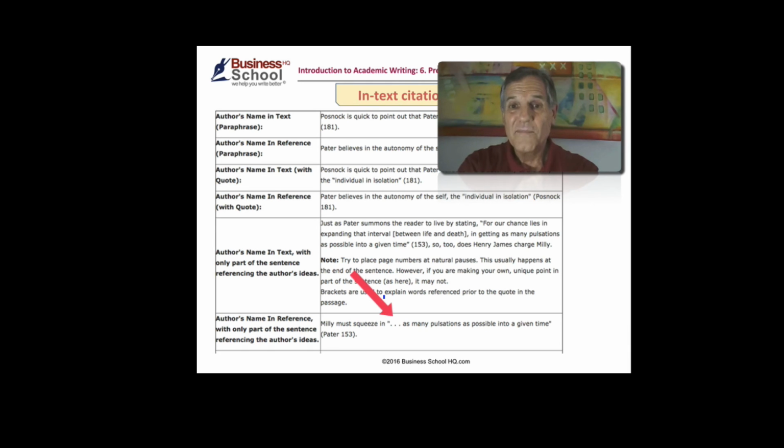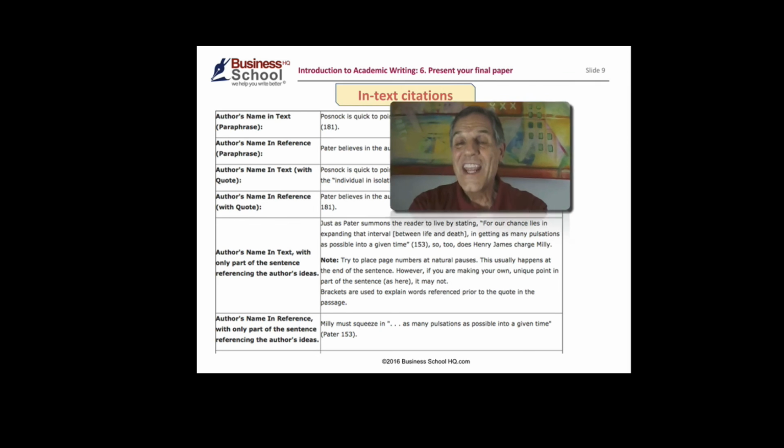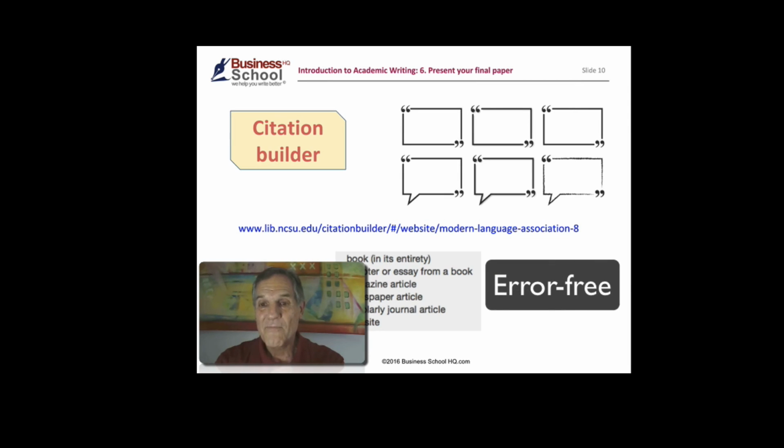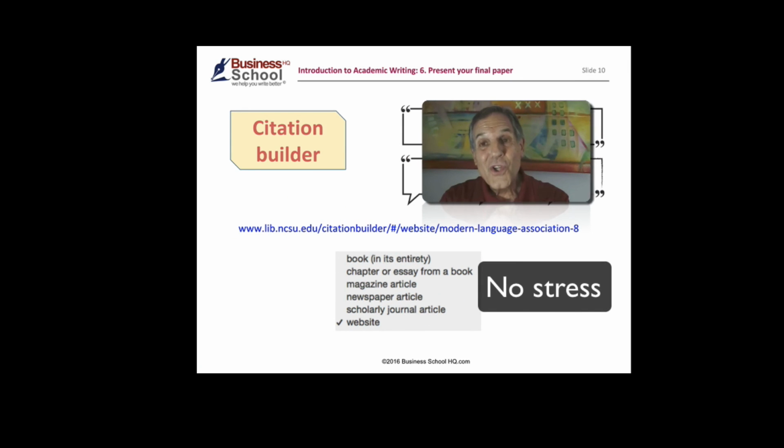Let's move on. Citation Builder. Let's talk about the Citation Builder, a cool tool to create citations error-free. The link shown comes from the North Carolina State University Library. It's a no-stress way to create a proper citation if you enter the right information.